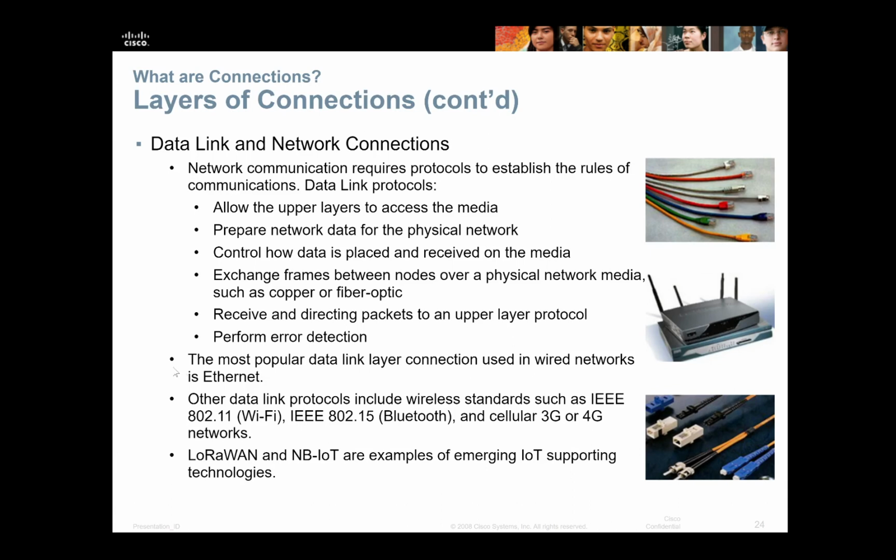Nowadays the most popular data link connection used in wired networks is Ethernet. Just 10 years ago, there were still the copper phone lines.